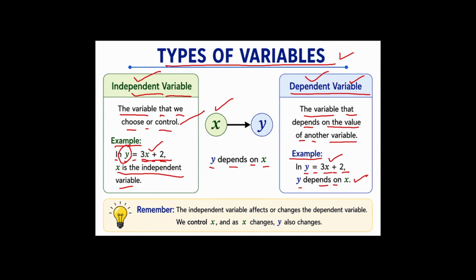Whatever value we give to x, accordingly there would be the value of y. Remember, the independent variable affects or changes the dependent variable. We control x, and as x changes, y also changes.